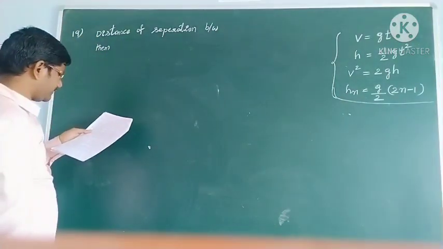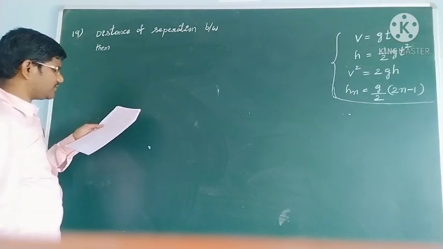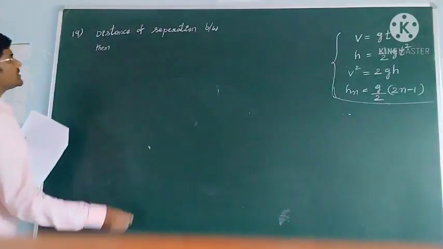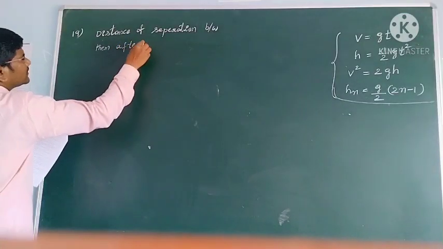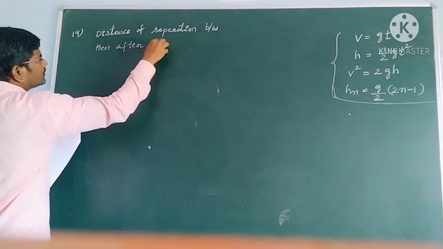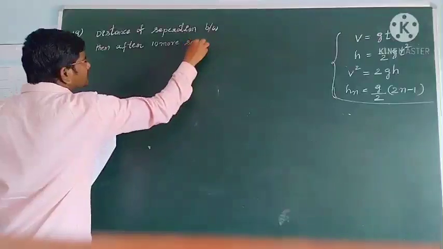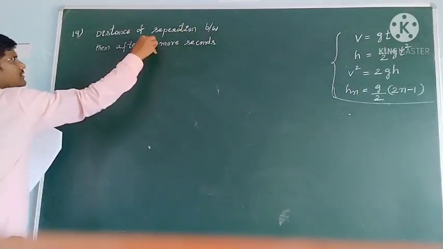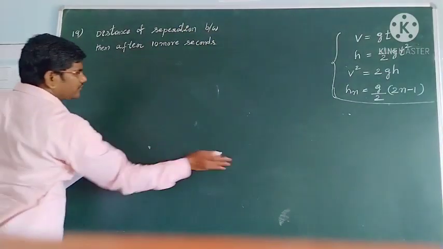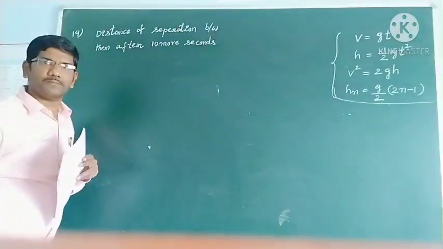The distance of separation between them after 10 more seconds. This is the 10 more seconds. It means the difference between the two objects is 2 seconds, you know.